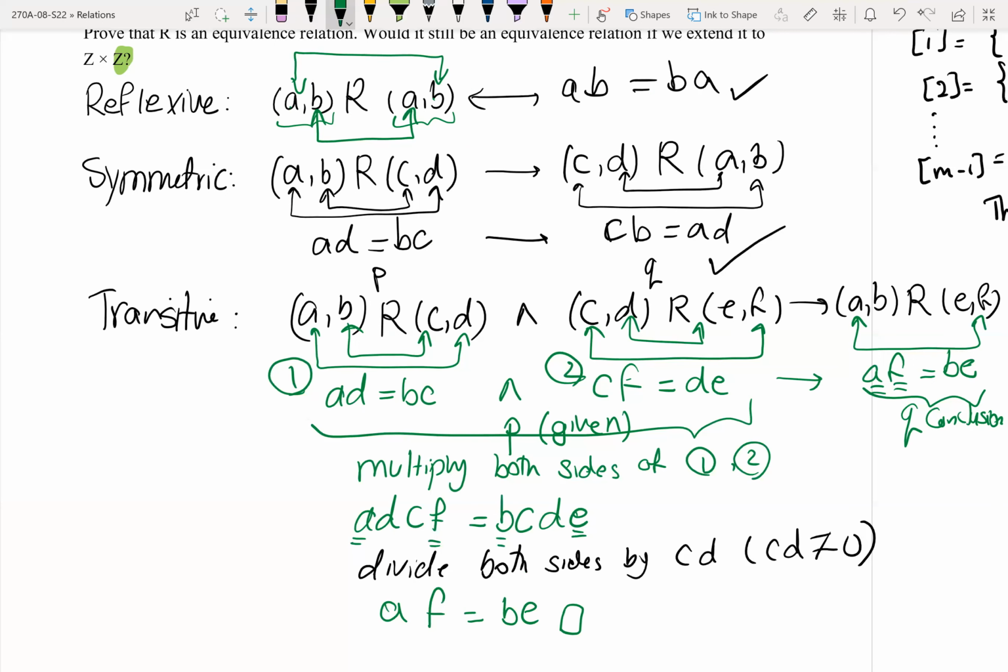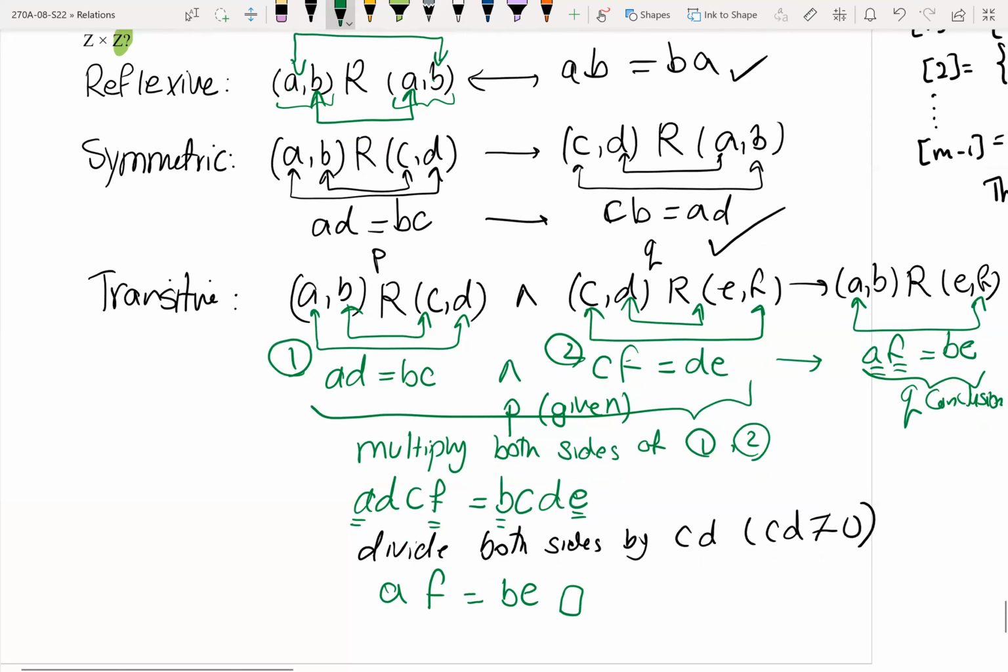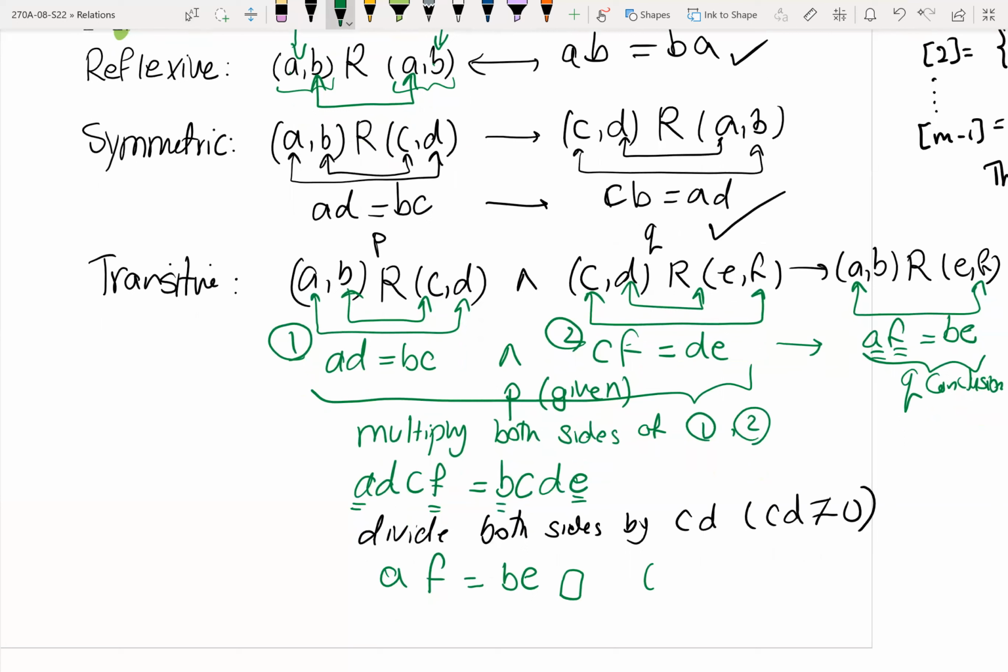And that's exactly what you want, which is (A, B) is related to (E, F). And that's the transitive one.